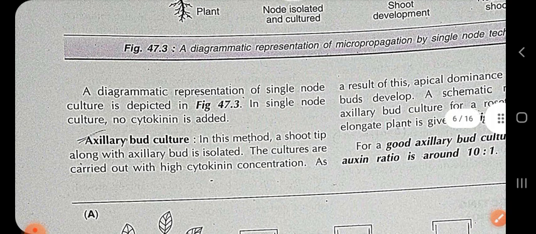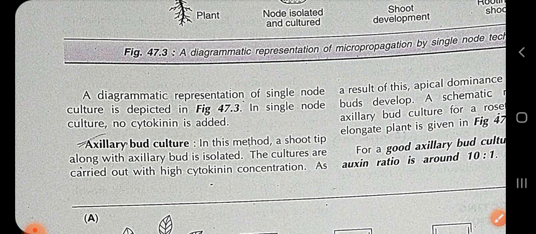Now axillary bud culture and nodal culture are not very different from each other. In nodal culture we are taking the axillary bud along with the nodal segment, but in axillary bud culture we are only and only taking the axillary bud and not the extra part of the plant.